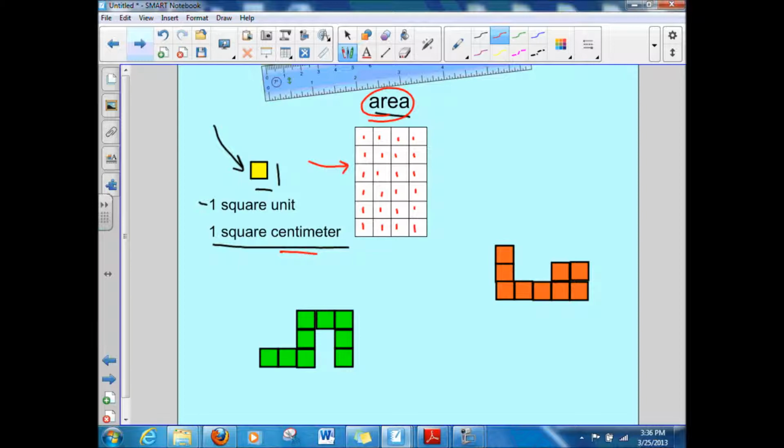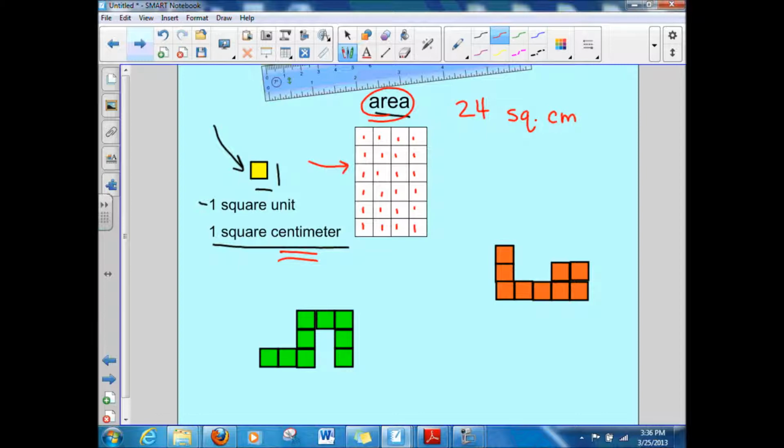But you know what? I bet there's another way we could do that. We said 24. Let me write that down. 24 square units, or in this case, since it's centimeters, I'm going to abbreviate, square centimeters.